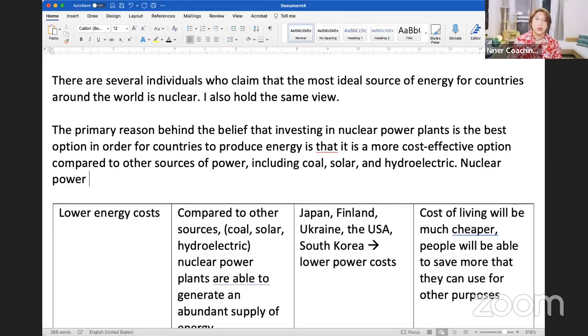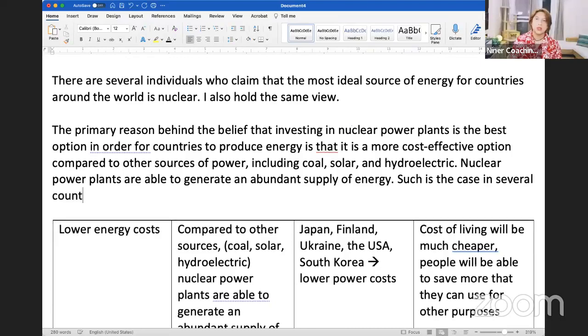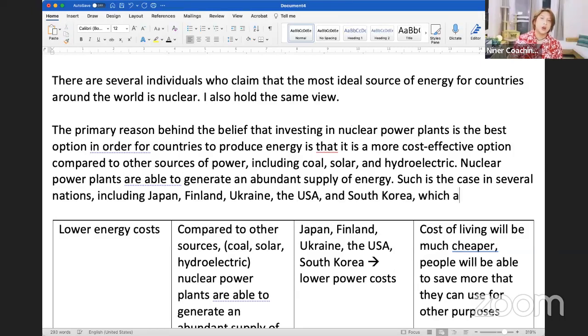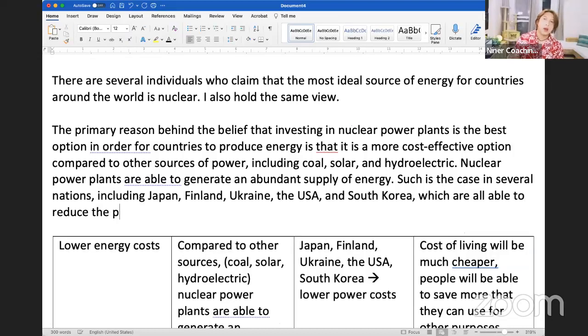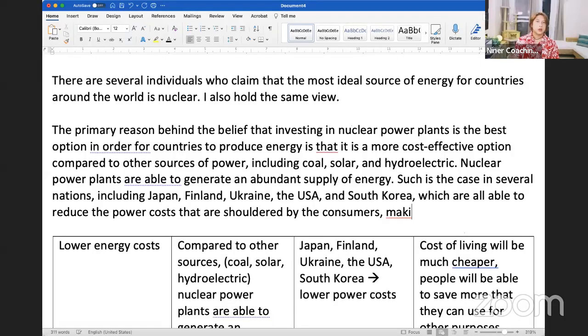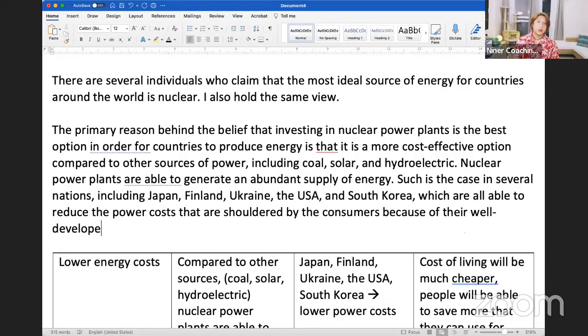Nuclear power plants are able to generate an abundant supply of energy, such as in several nations, including Japan, Finland, Ukraine, the USA, and South Korea, which are all able to reduce the power costs that are shouldered by the consumers because they rely on nuclear power plants.